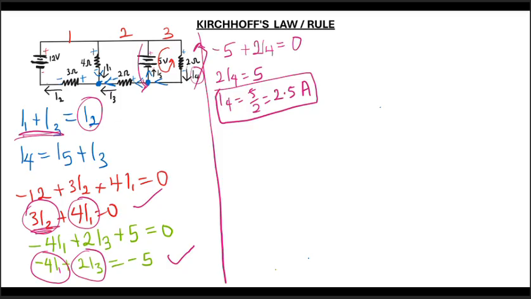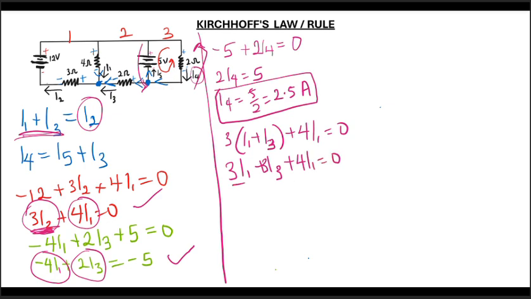Changing these to I1 and I3, we have 3 into bracket I1 plus I3, because I2 is I1 plus I3, plus 4I1 equals 0. Simplifying this, I have 3I1 plus 3I3 plus 4I1 equals 0.